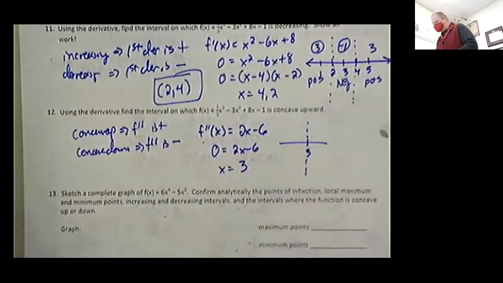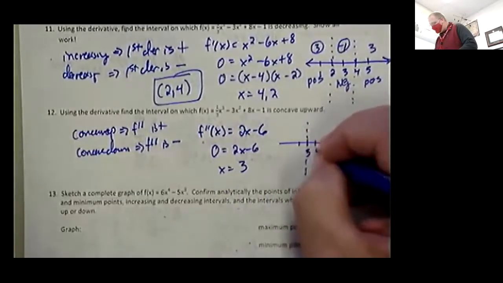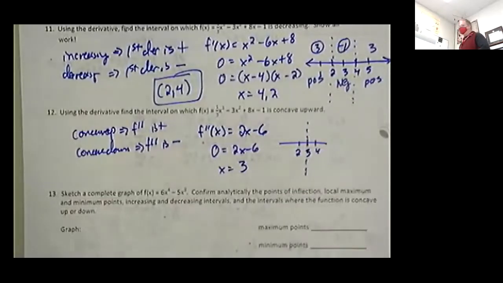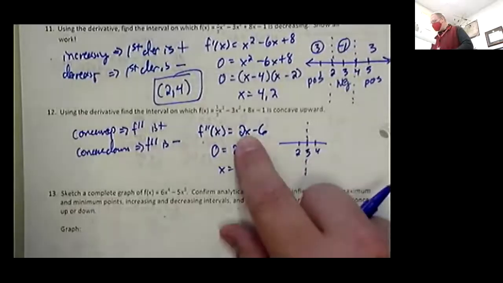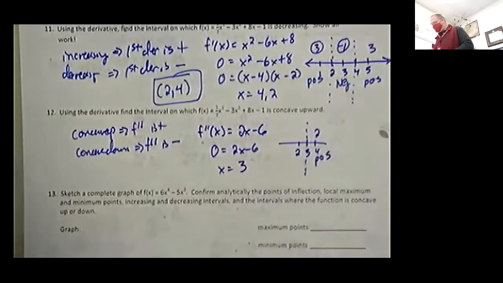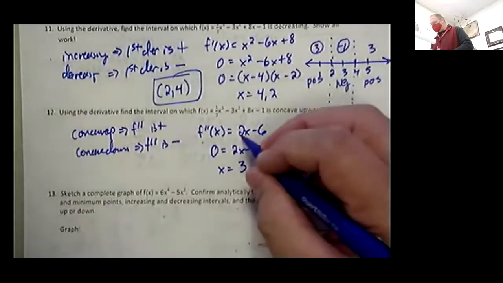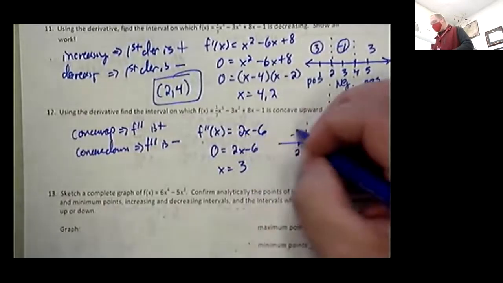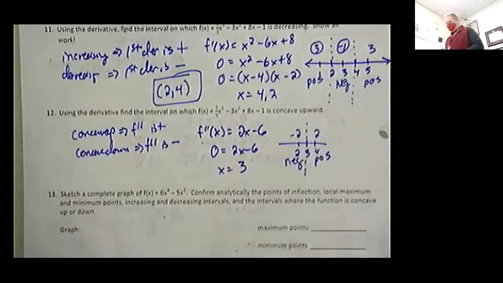So again, I just want to use some test values. So we'll look at 4 and 2 in the second derivative. So 2 times 4 is 8. 8 minus 6 is 2. That is positive. If I plug in 2, I get 2 times 2 is 4. Minus 6 is -2. That is negative. Therefore, where are we concave up?